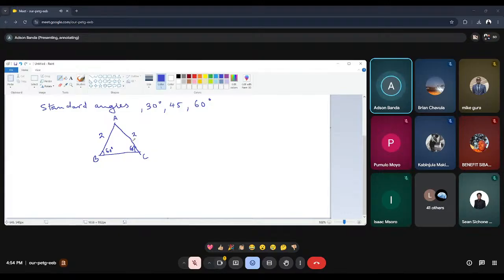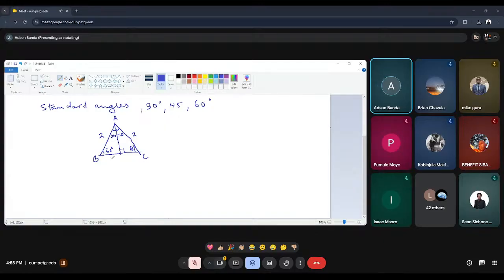But then what I'm going to do is to draw a perpendicular to BC. And then we are going to bisect the 60-degree angle into those two angles of 30 degrees.